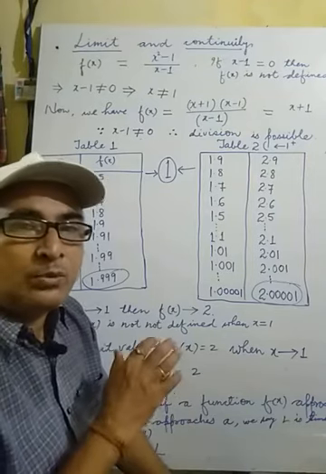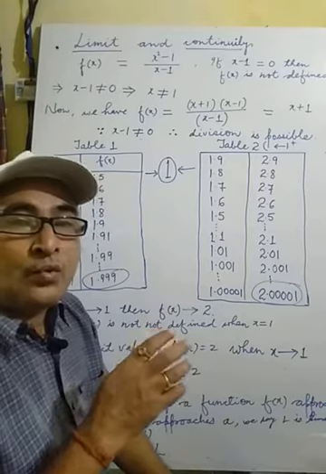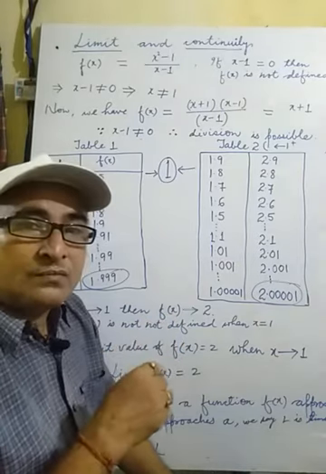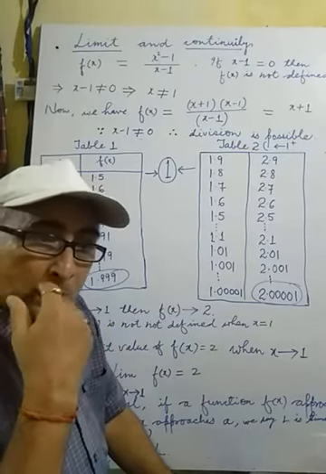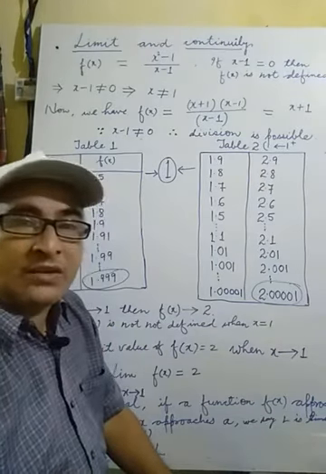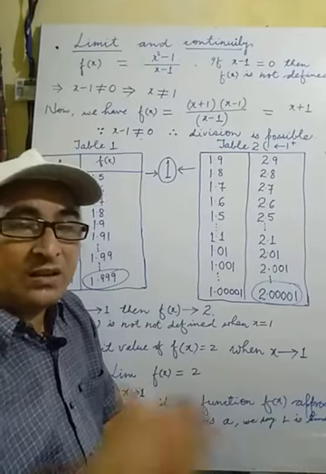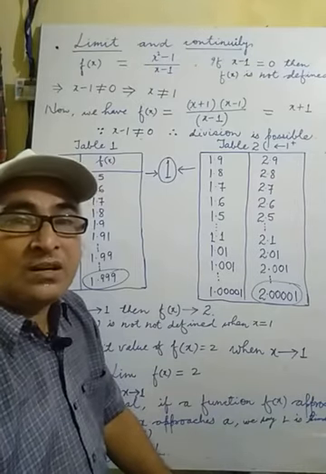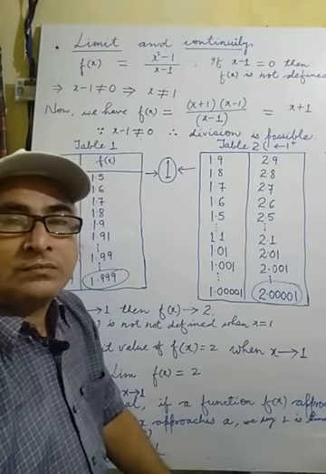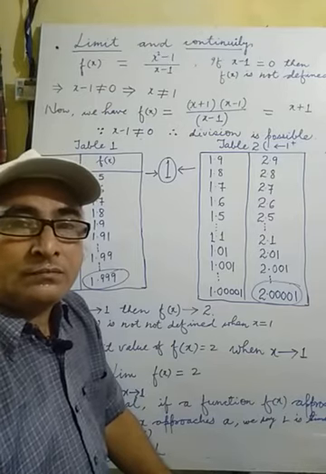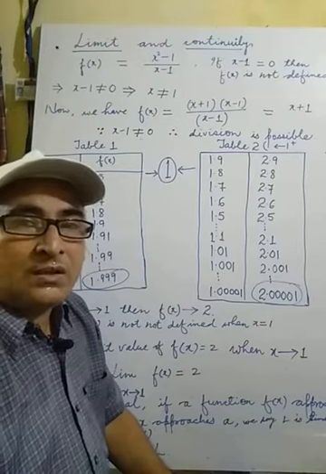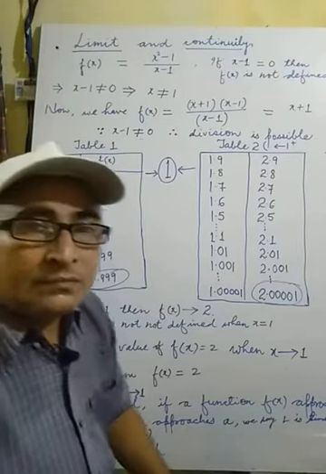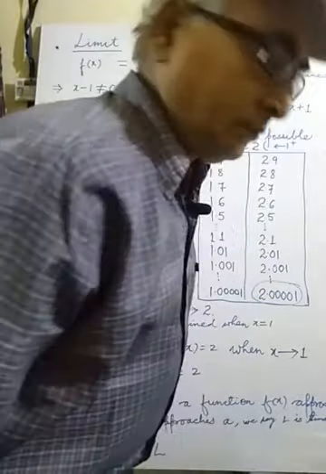Firstly, we have to understand what a limiting value is, what a restricted value is, what an undefined function is, what undefined terms are. So many factors are there that we have to study in this chapter. So try to understand by taking the examples.